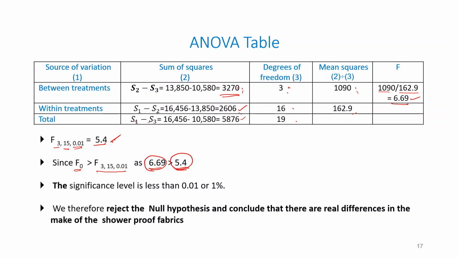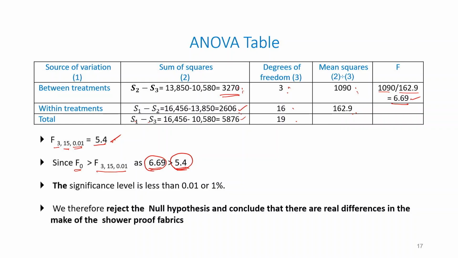So the null hypothesis will be rejected, and we will say that there are real differences in the mean wetting time or penetration time of water through the fabrics. Only this is what we can conclude. But which one, how, if we want to compare between any two, then we have to go for a t-test.